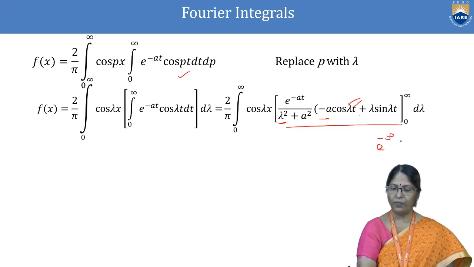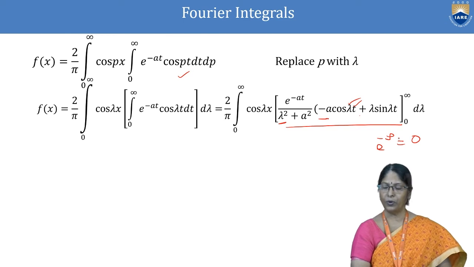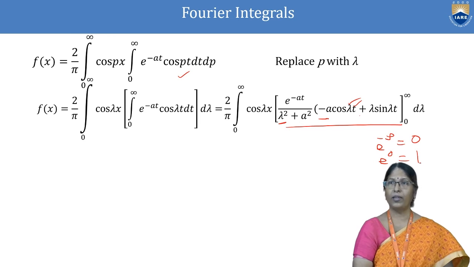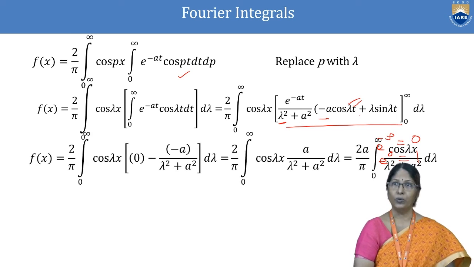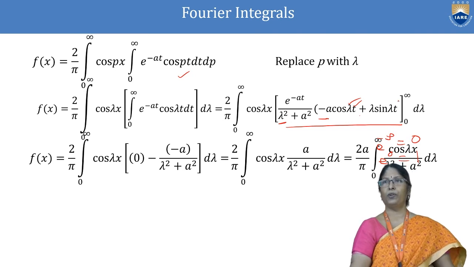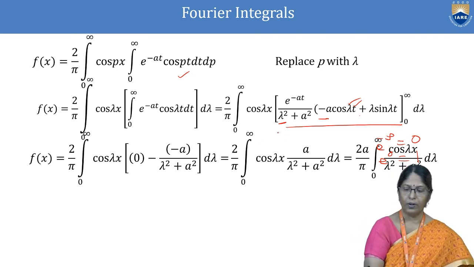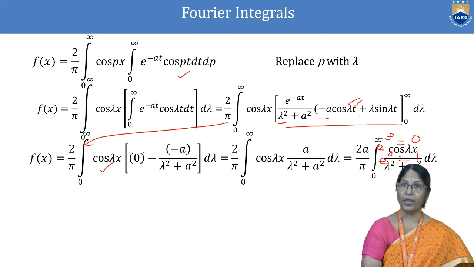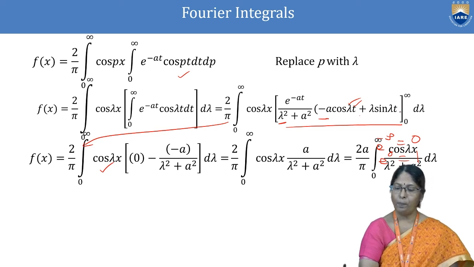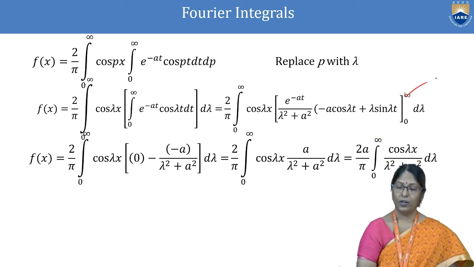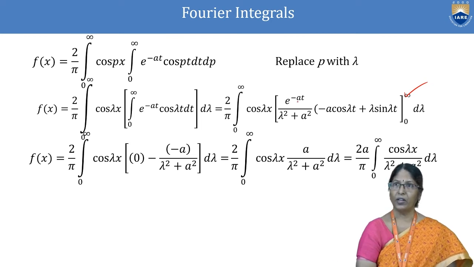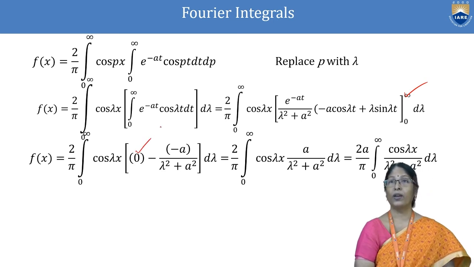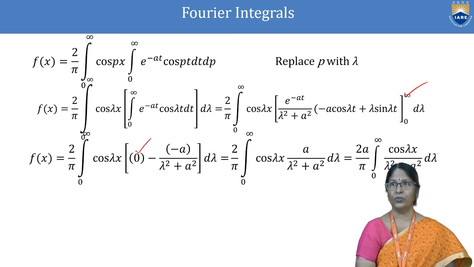E power minus infinity, the value we know it is 0. E power 0, the value we know it is 1. Keeping that in mind, we will substitute the limits. Now 2 by pi integral cos lambda x, the upper one is infinity, e power minus infinity has totally vanished. So the upper limit value is 0.